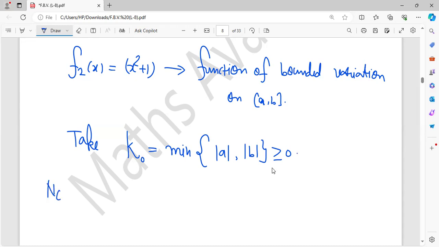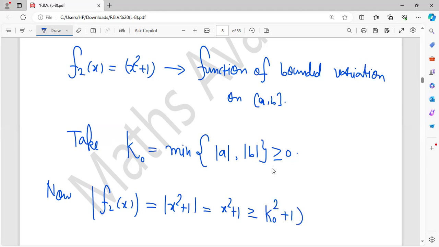Now, what is the absolute value of f2(x)? This is a positive function. I can write, okay, this is less than or equal to, I am taking the minimum, k naught square plus 1.